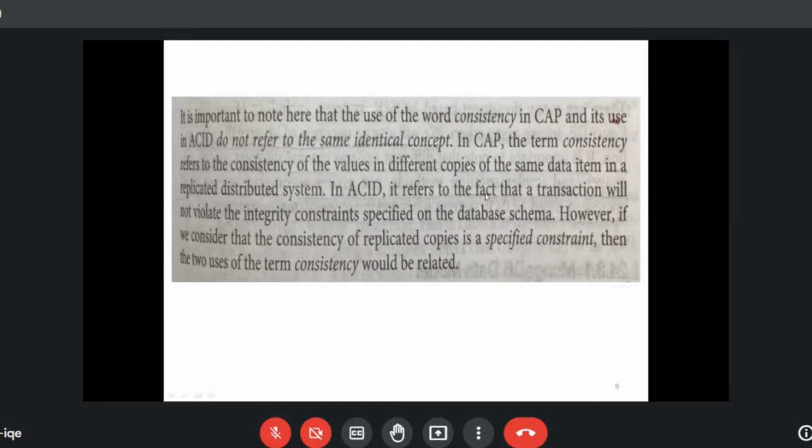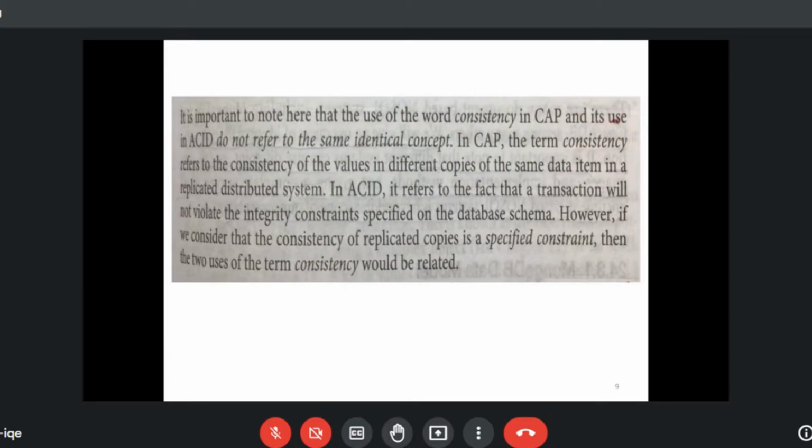In ACID, it refers to the fact that a transaction will not violate the integrity constraints specified on the database schema. However, if we consider that consistency of replicated copies is a specified constraint, then the two uses of the term consistency would be related.